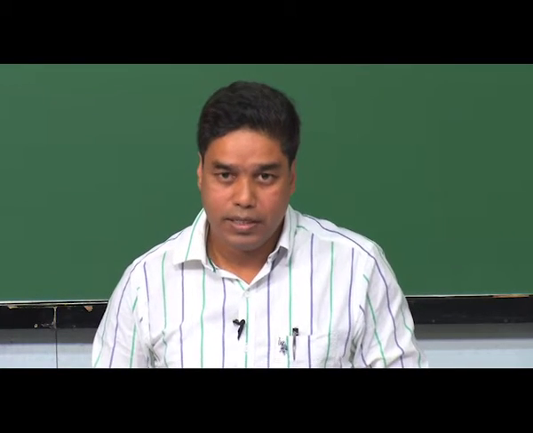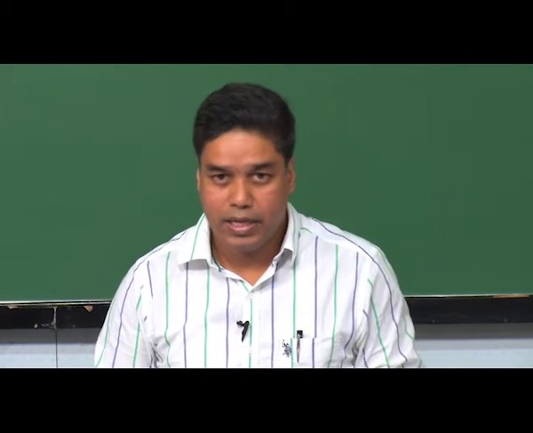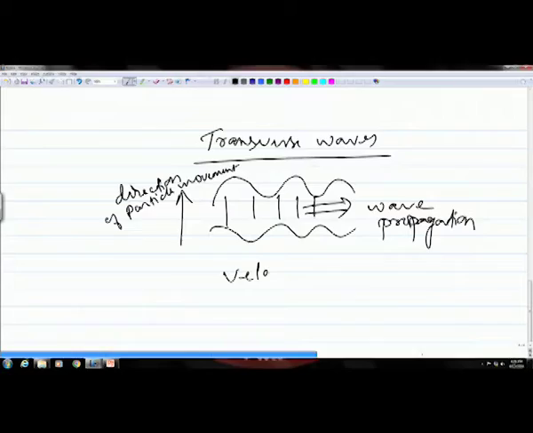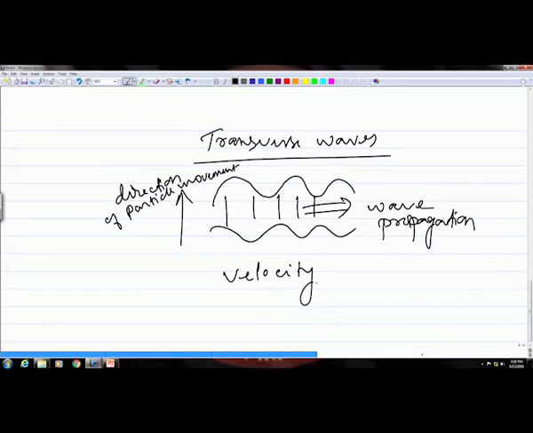So, here the movement is not as coordinated, or the movement of the particles is not as easy as in the case of longitudinal waves, and that is why the velocity of the longitudinal waves is always greater than that of transverse waves.